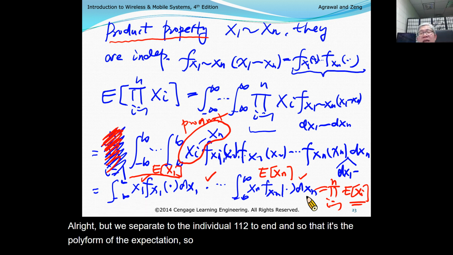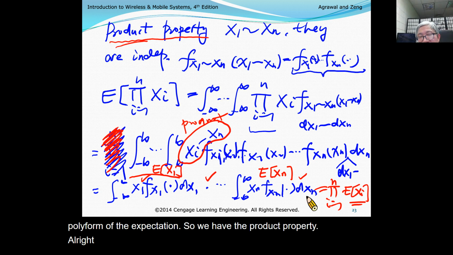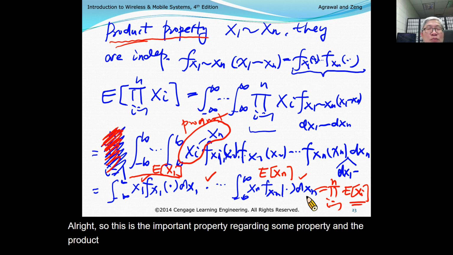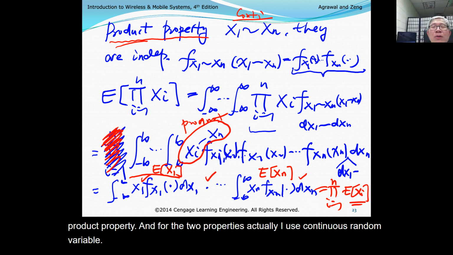So we have the product property. This is the important property regarding the sum property and product property. And for the two properties, I use a continuous random variable, and we can prove it.